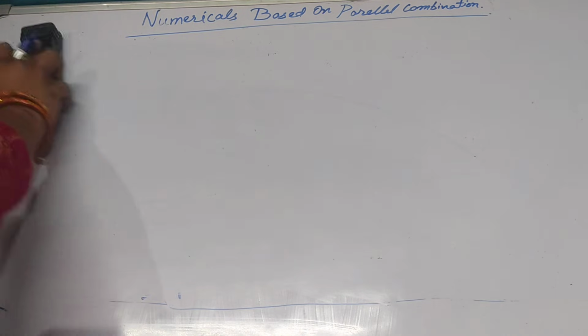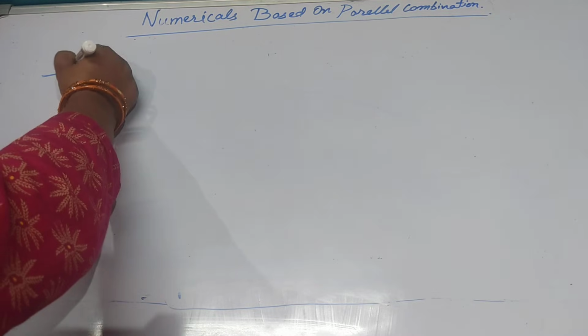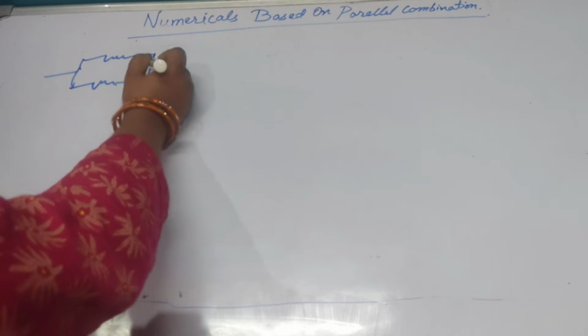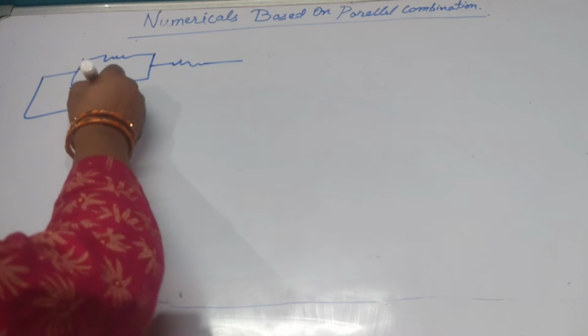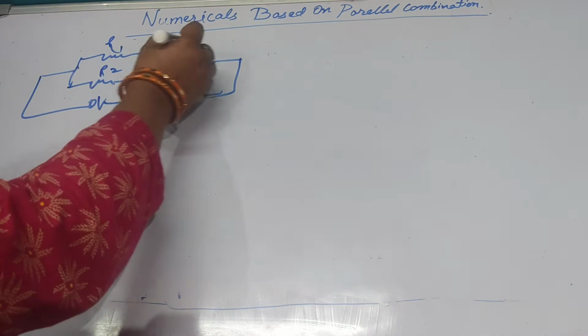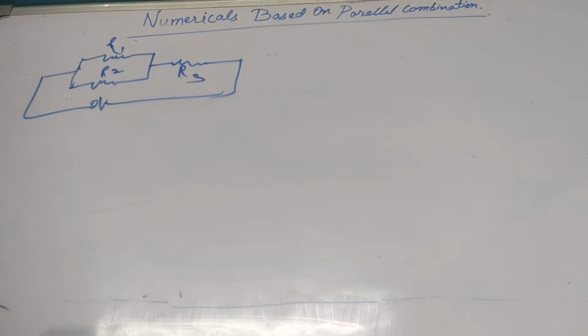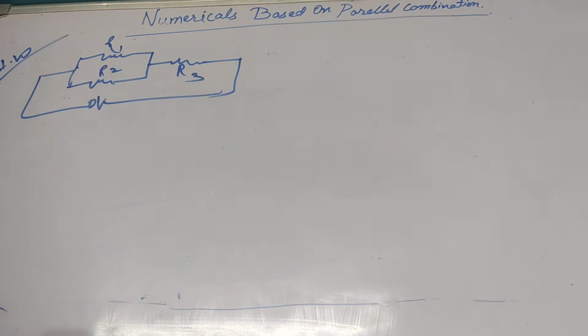Two resistors connected in parallel and third one is in series. This you people will do as homework. I'll see in the comments how many of you have got the answer.